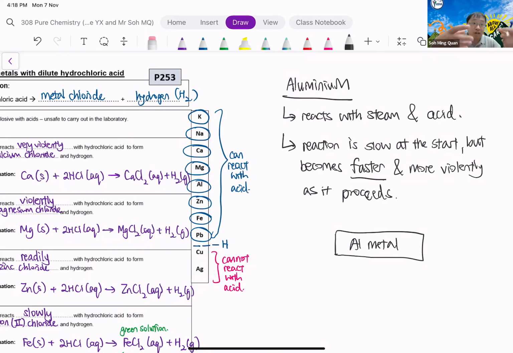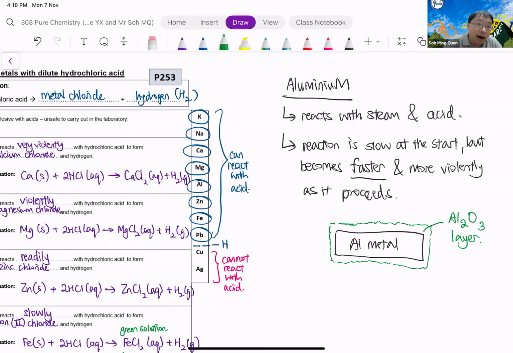When it comes to you in that box, the aluminium has already reacted with something in the air. Well, there's a lot of oxygen in your air. So what has happened is that the aluminium reacts with oxygen in your air to form a layer of aluminium oxide.